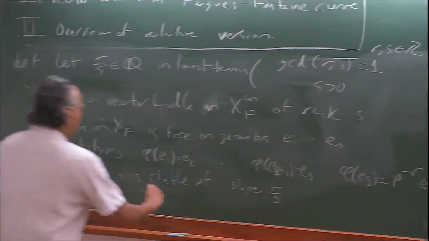If you pull back to the Frobenius cover, the underlying vector bundle is trivial, but it has a non-trivial phi-equivariance given by this formula. And it's stable, which implies irreducible.